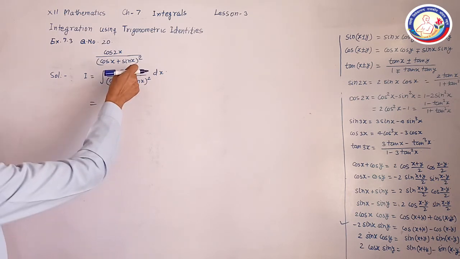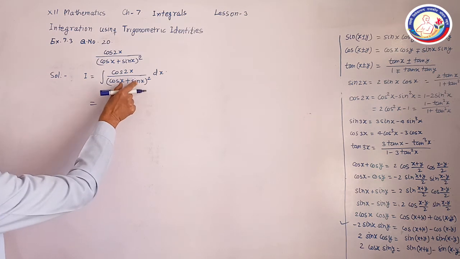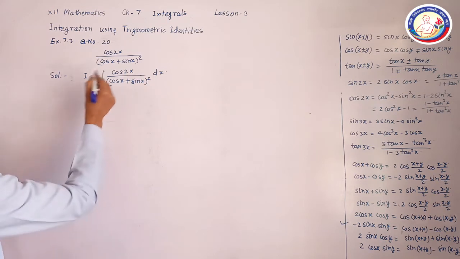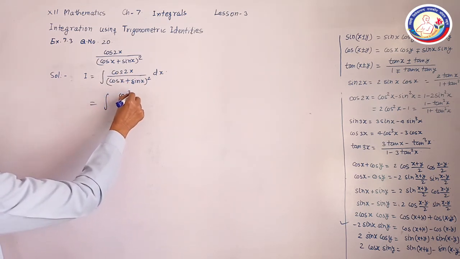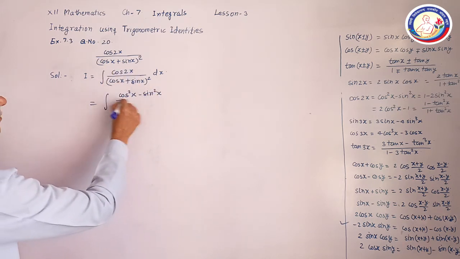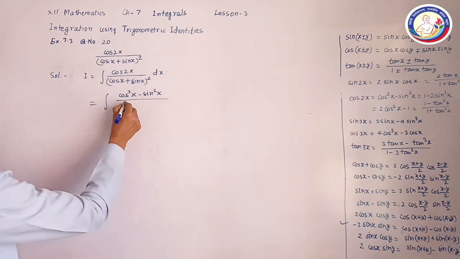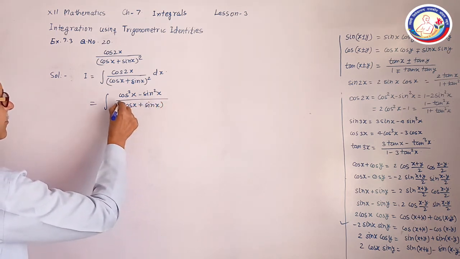So we can write for cos 2x, cos square x minus sine square x, because in the denominator we are having the functions in x only. I can write it by using the formula cos 2x equal to this. Cos x plus sine x whole square.